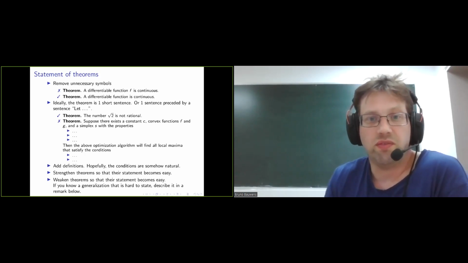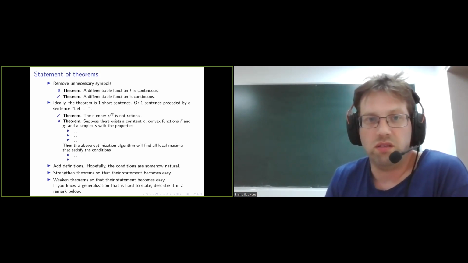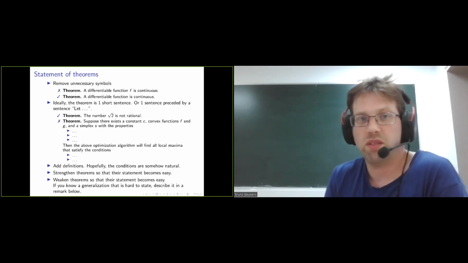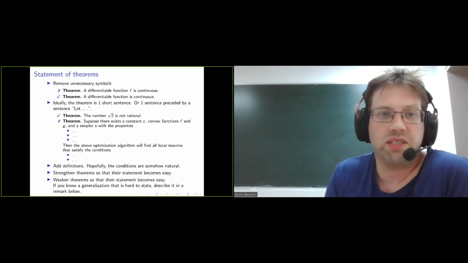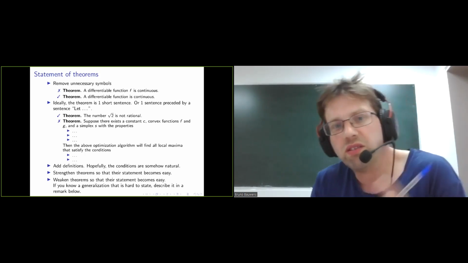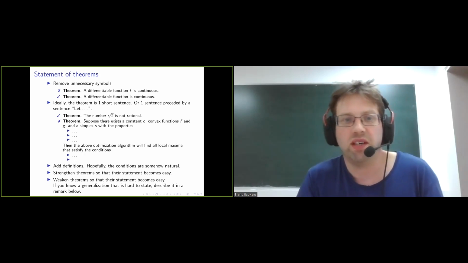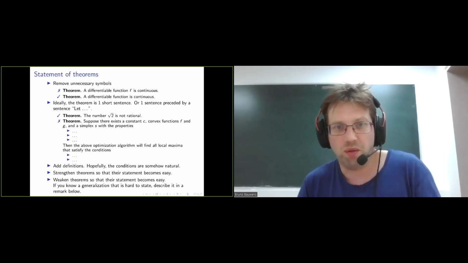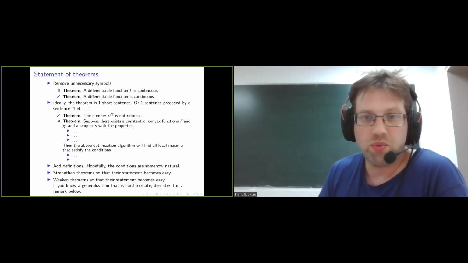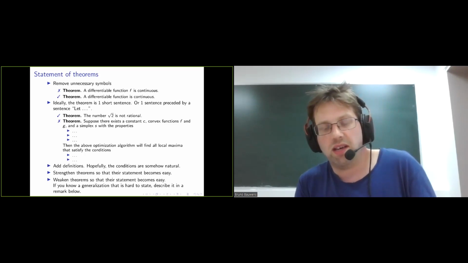And before the definition, you should explain why your concept is important. So here is a bad example. Suppose that there exists a constant c, a convex function g, and f, and a simplex s with the following 3 cumbersome properties. And then you prove that your algorithm works well under these conditions.